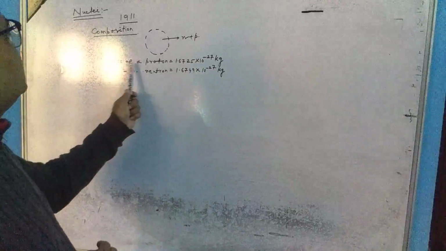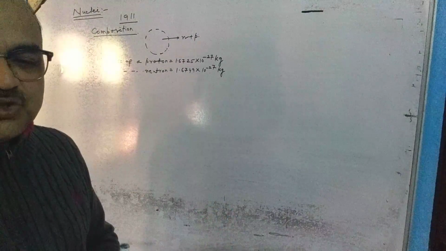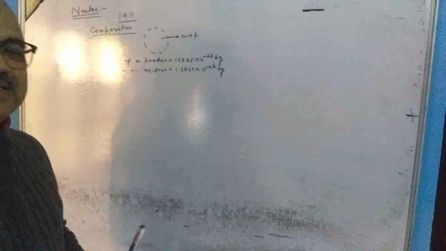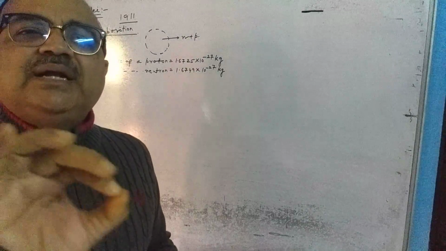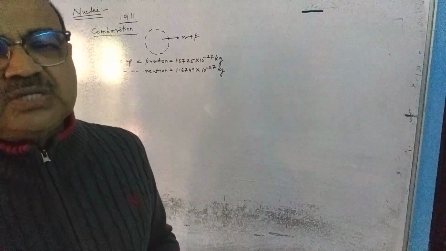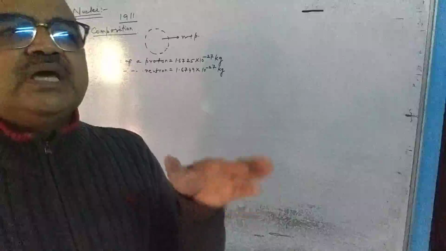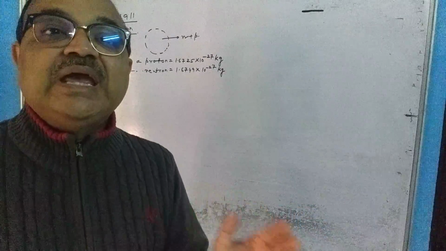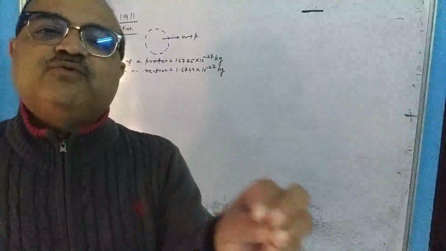Obviously, proton is a positively charged particle, neutron is an uncharged particle, but a term we shall discuss, nuclear force, is a force which exists inside the nucleus, that does not distinguish neutrons and protons, because between neutrons and protons, between protons and protons, between neutrons and neutrons, everywhere the nuclear force is the same.